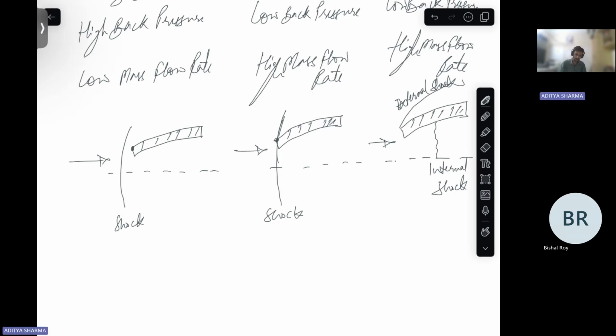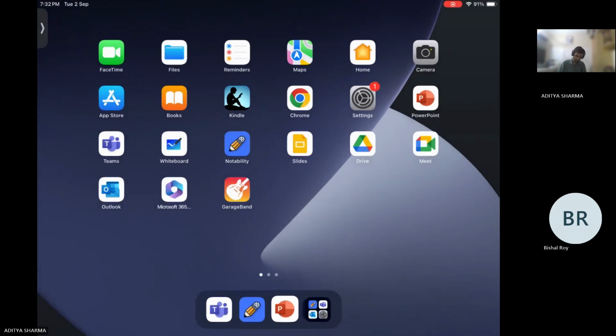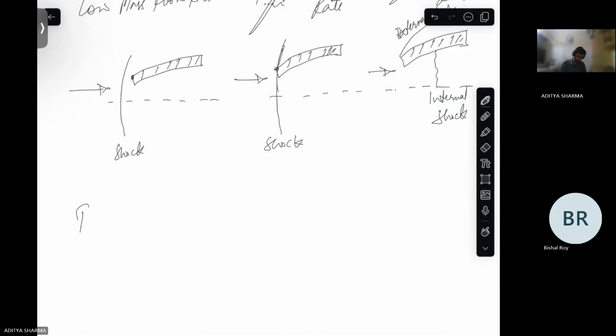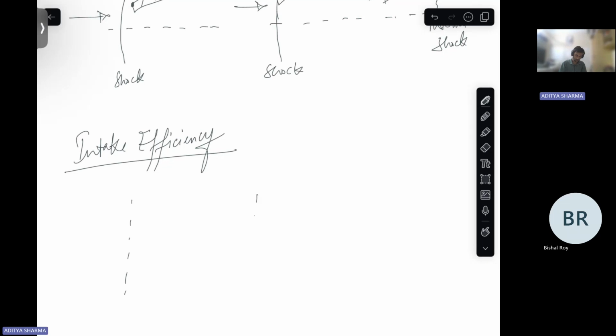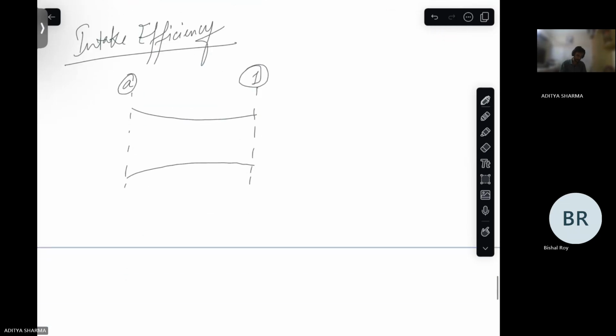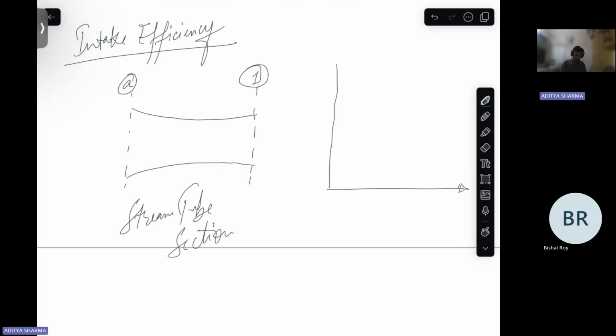Then intake efficiency has been discussed. Intake efficiency just for this section, for the stream tube section. Diagram is like this.